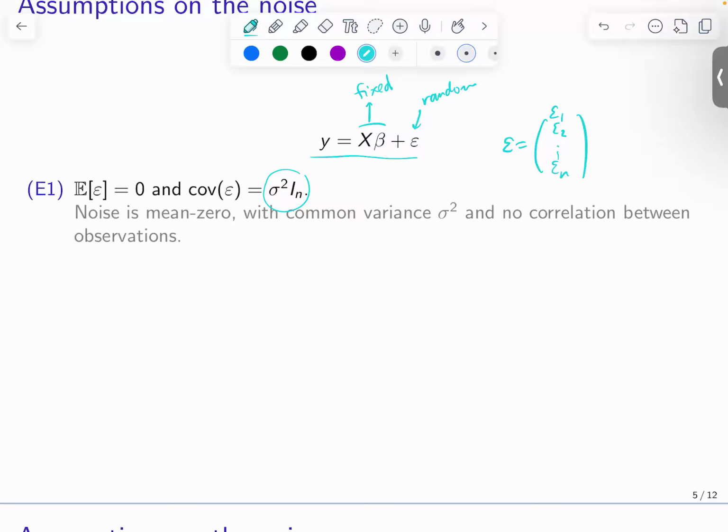Okay, good. They're not independent yet. They're uncorrelated. You just know that they're uncorrelated. I just want to make sure you're not talking about the distribution yet. In order to talk about independence, you need to know something about the distribution. At this point, this is only a second order property. We know that they're pairwise uncorrelated. So the covariance of epsilon_i and epsilon_j is 0 if i is not equal to j, which means that they're uncorrelated.